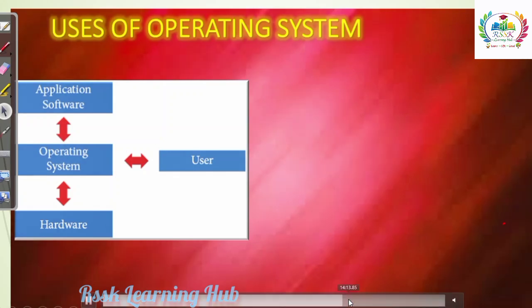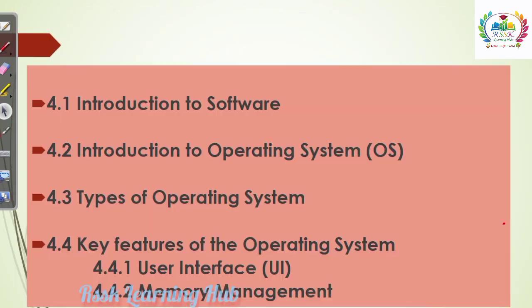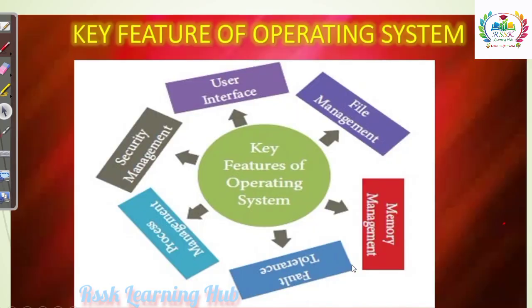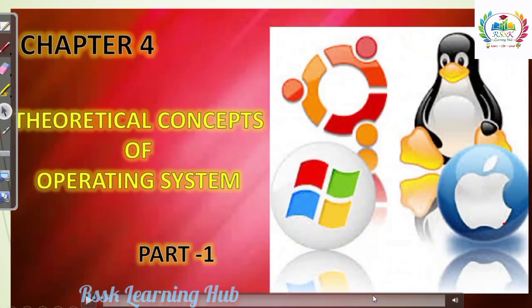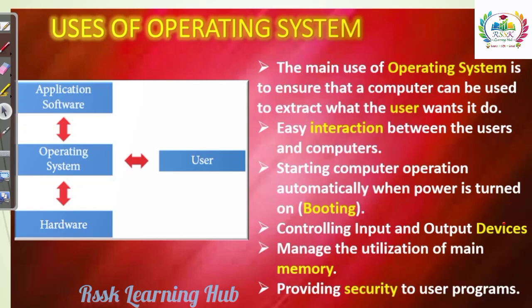What are the various uses of your operating system? Under that, we will see the various parts of the OS and how it interacts. The main use of the OS is to ensure the computer can be used to get what the user wants from it. So the easy interaction between the user and the computer is your OS.